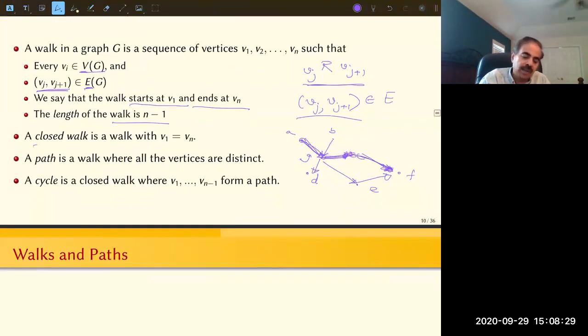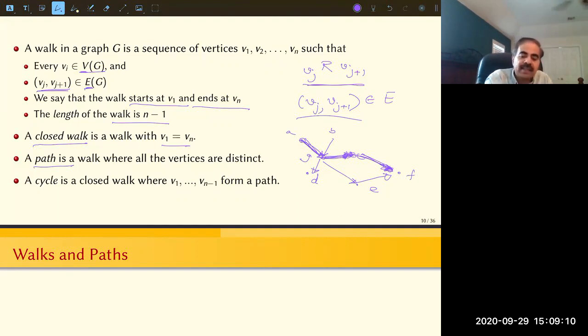Now, we have the notion of a closed walk, which means that you start and end at the same vertex. And we say a walk is a path if you don't visit any vertex more than once. So for instance, this is an example of a path, right? In this particular graph, I guess everything is a path because there's no way to come back to the same vertex, because the way the arrows are oriented, you can only go in a sense forward. You cannot come back, right?